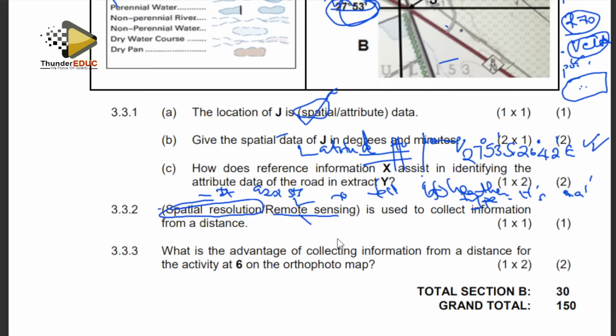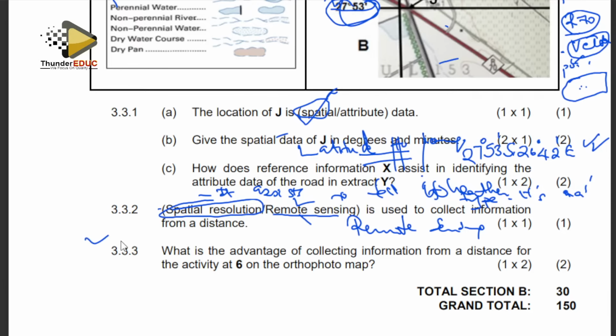So the answer here is remote sensing. When you talk about spatial resolution, we are referring to how you can identify the primary colors and secondary colors on the road, on the map. Remember, we can look at it to say red is primary, white is secondary, like that. So that is the use of spatial resolution.